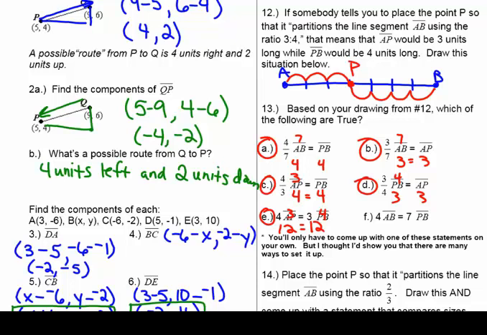And then for part F, I do 4 times AB, which was 7, so that's 28, and I do 7 times PB, which is 4, and that's 28, and so F works also. So all 6 of those end up being true.